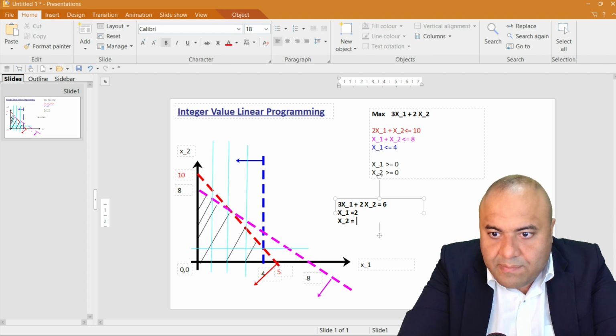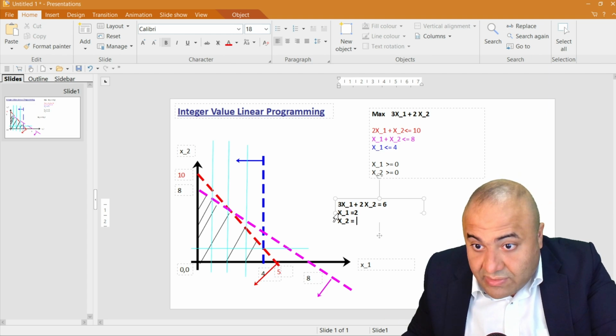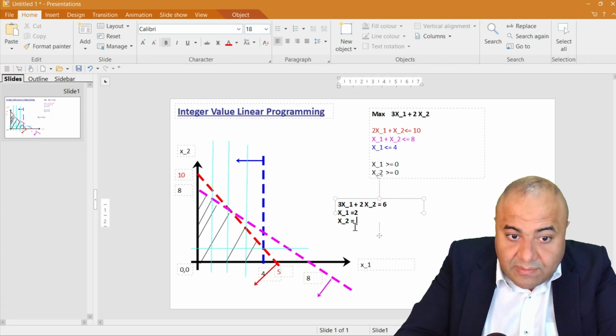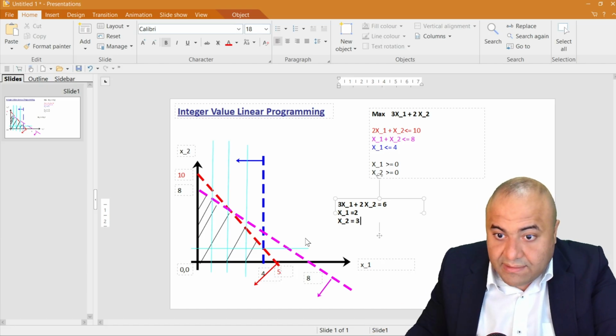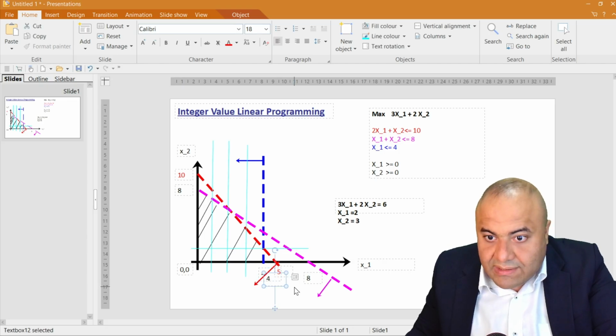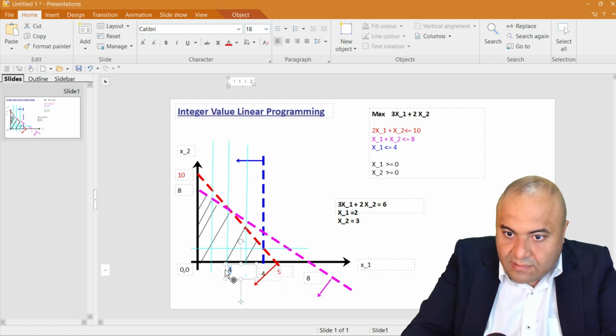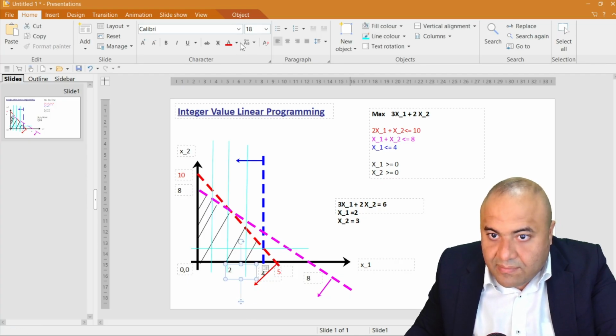And x2, in this situation, where x1 equals 0, 2x2 equals 6, that means it will be 3. So this number x1 equals 2 is actually going to be here, and we can give it a color.